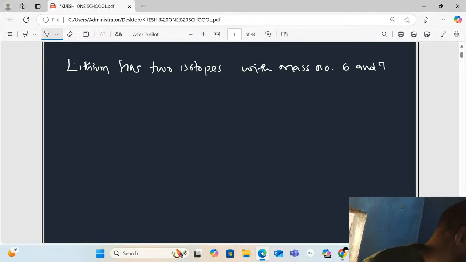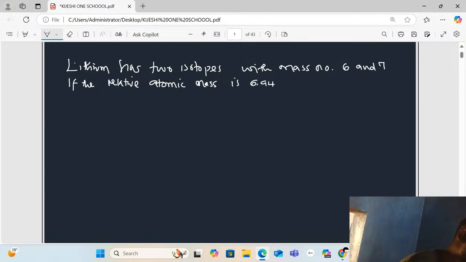And we are told the relative atomic mass is 6.94.